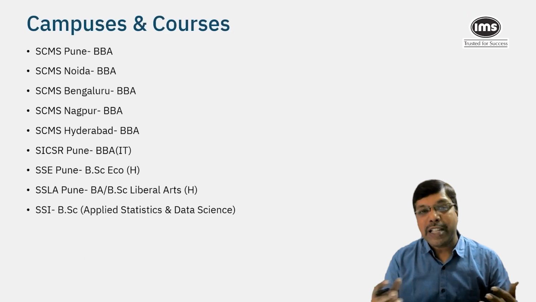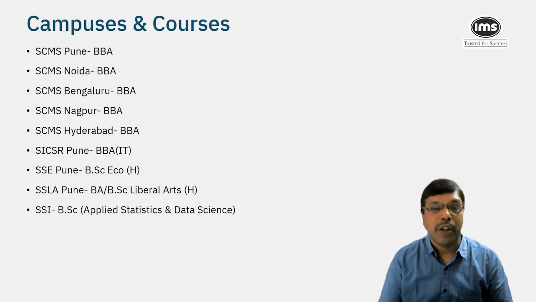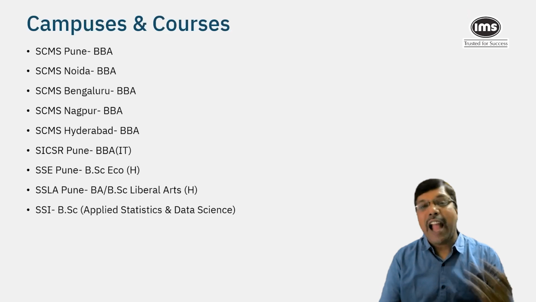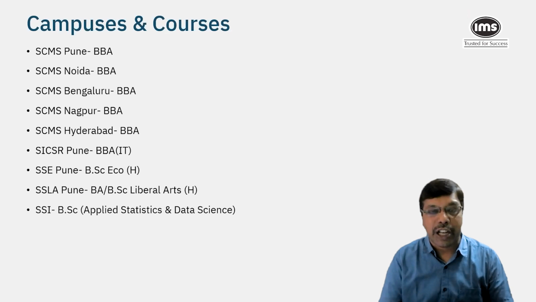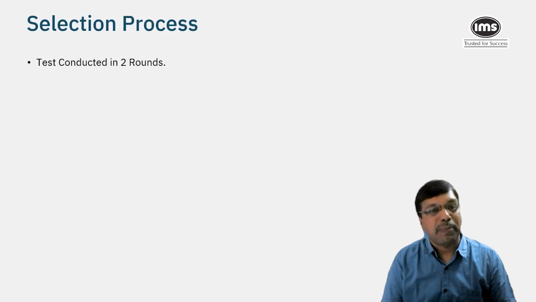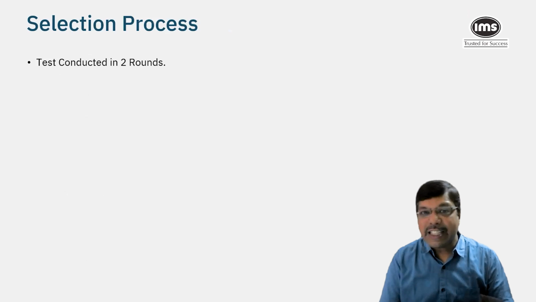Now, the admission is through Symbiosis Entrance Test, SET, followed by certain subsequent selection criteria. So let's have a quick look at the entire process of selection point by point. Now, the written test is conducted in 2 rounds.